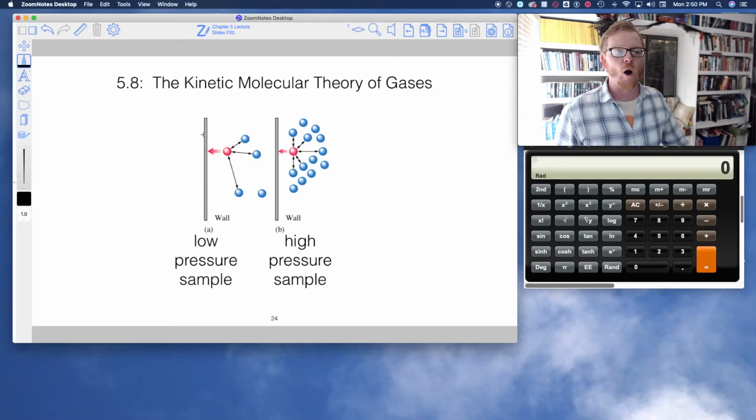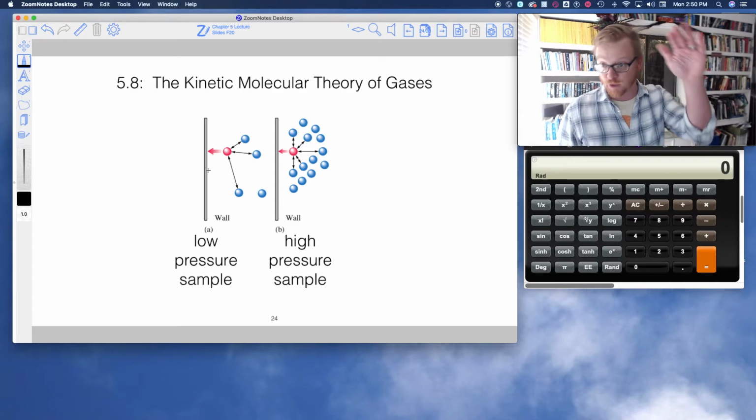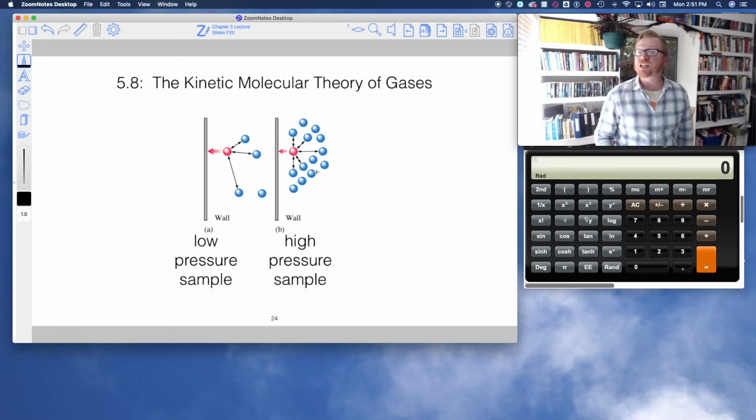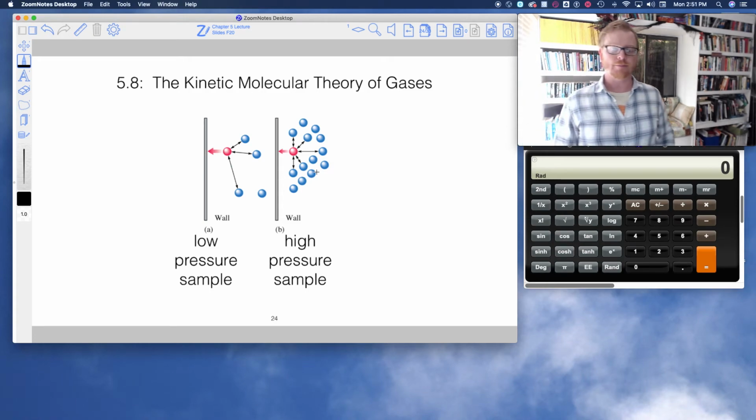So here we have the wall, and the wall would be like the outside of our container, okay? When you have a low pressure sample, there's very little interaction of this molecule interacting with the wall. When we have a high pressure sample, not only can all these molecules collide with the wall, but they can all collide with each other, okay?